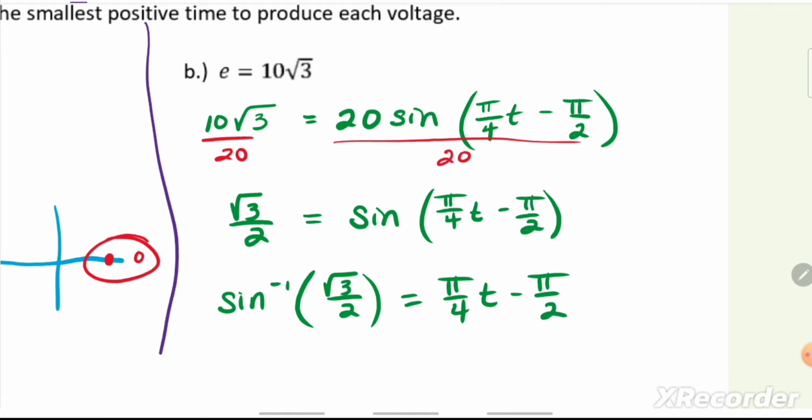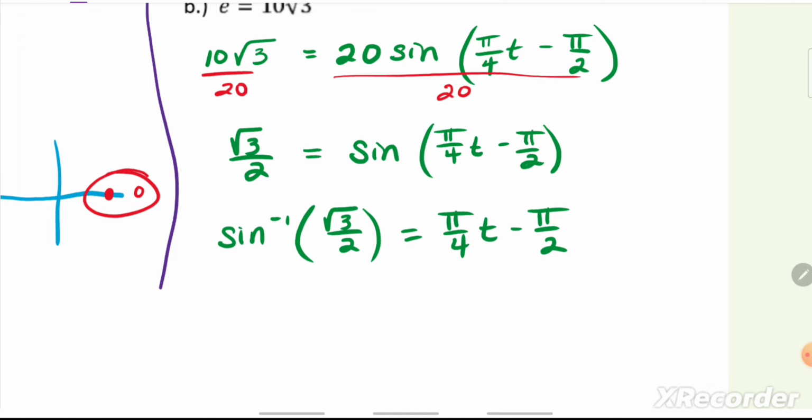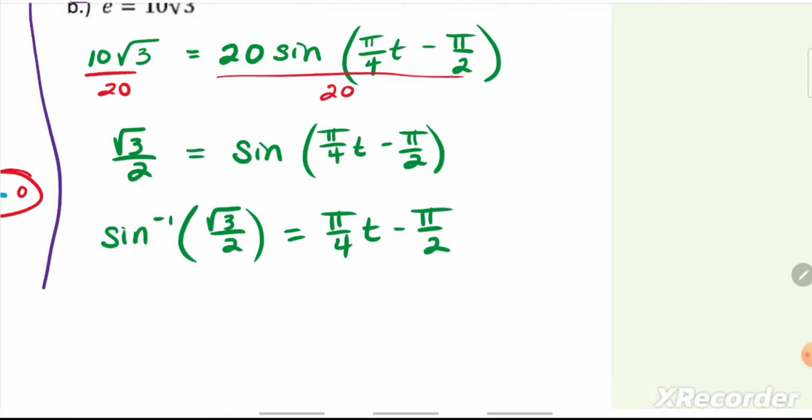We need to figure out the smallest positive value where sine is square root of 3 over 2. That's positive, so quadrant 1 is going to be our smallest positive value.